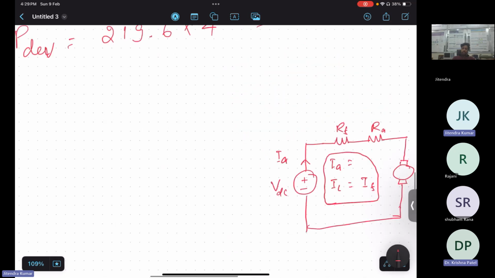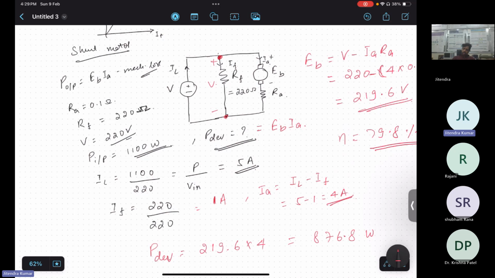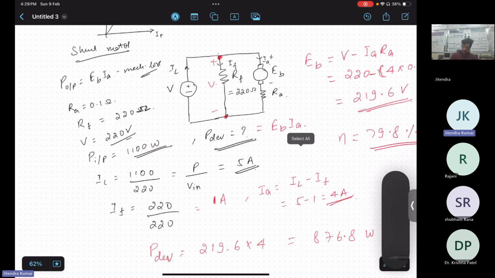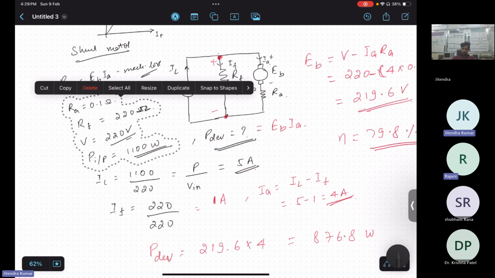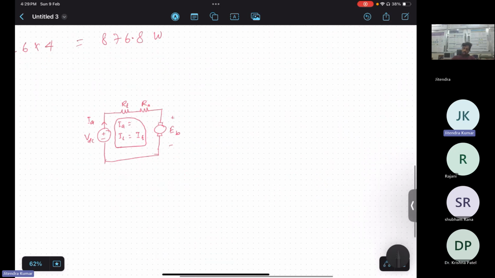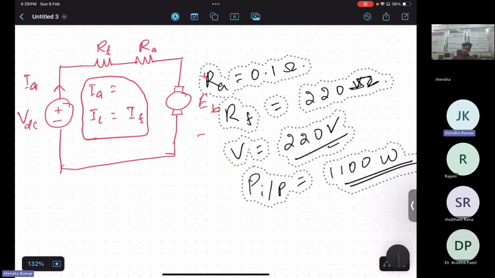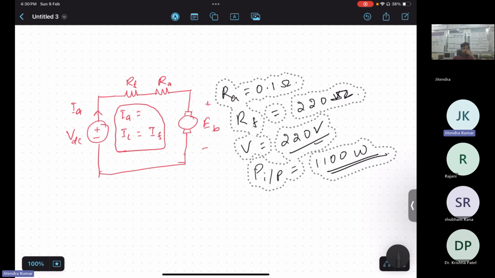Okay, again we will take all the same parameters. So the same parameters we will try to solve.